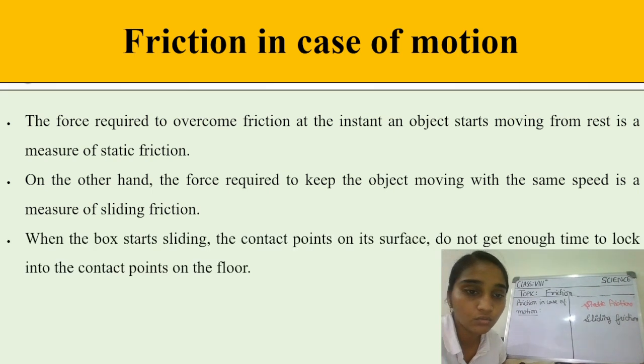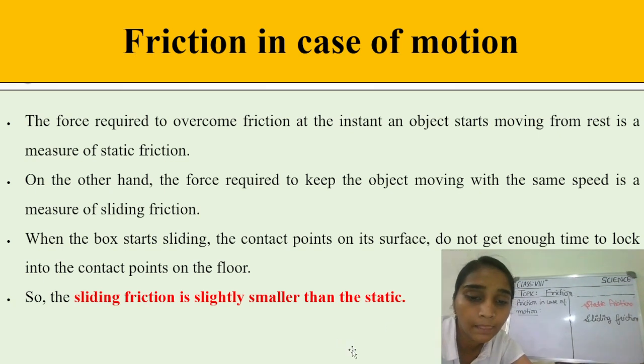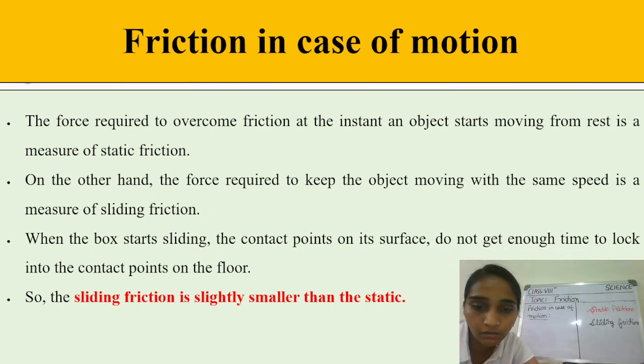It's very good, students. Now when the box starts sliding, the contact points on its surface do not get enough time to lock into the contact points on the floor. That is why we say that sliding friction is slightly smaller than static friction. So what do you understand by this third point? What can you infer?